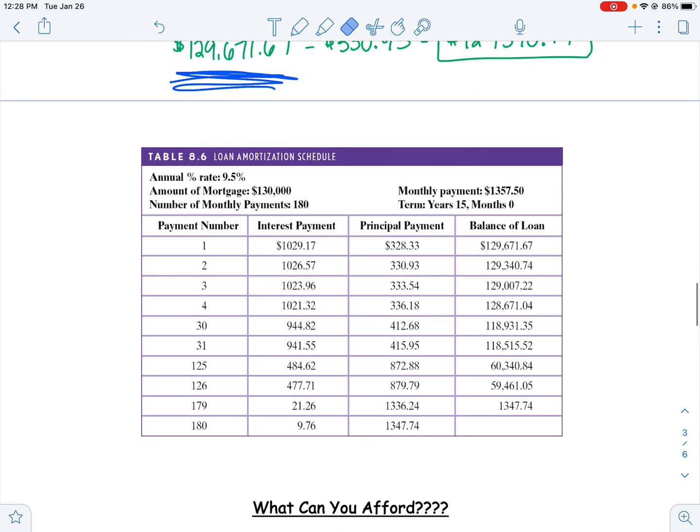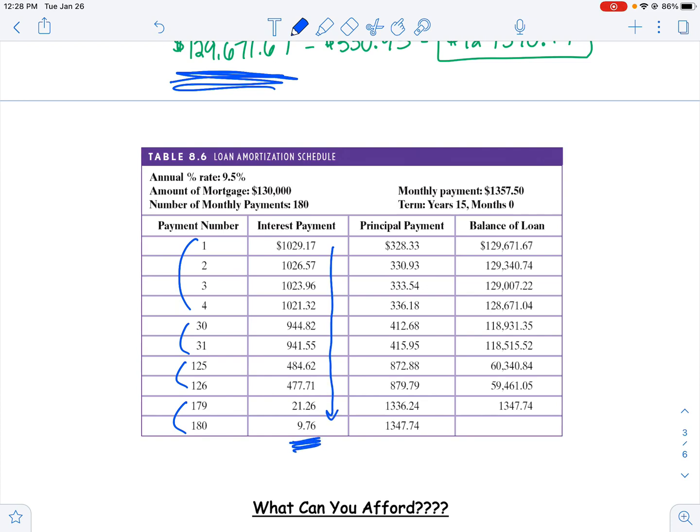If you look down below though, I've given you a loan amortization schedule that's a little bit more filled out. I've given you the first 4 months, then I gave you month 30 and 31, and then I kind of gave you a couple of different chunks of the different months throughout. It doesn't give you all 180, but you can kind of see as you look through the different payments that the interest amount is going lower.